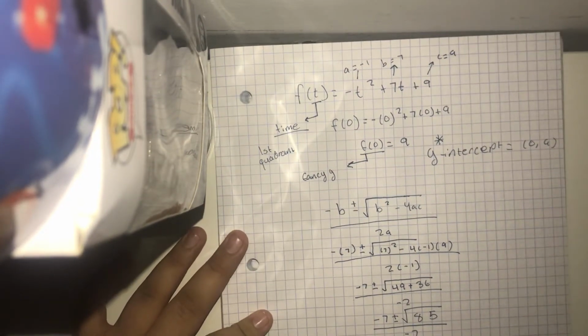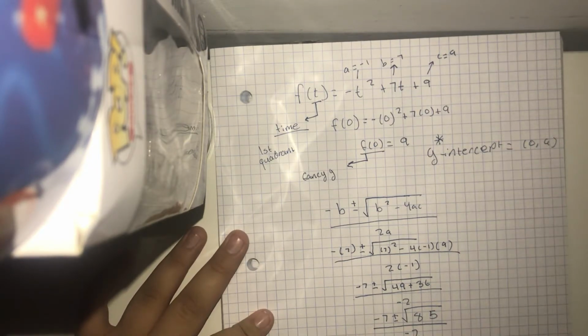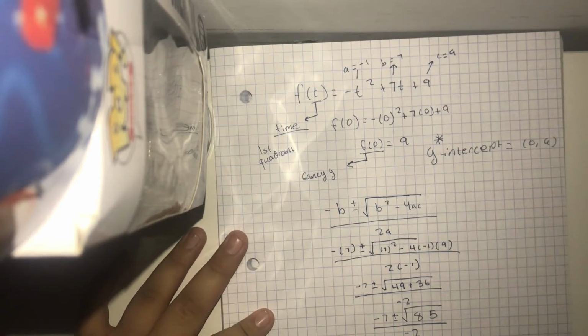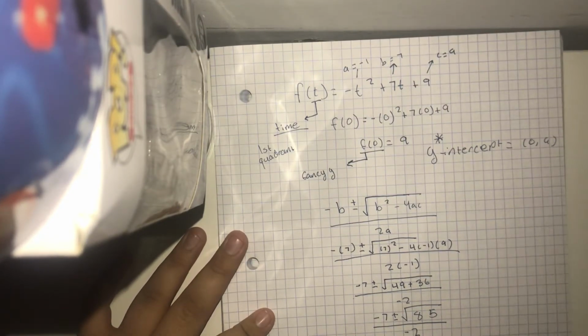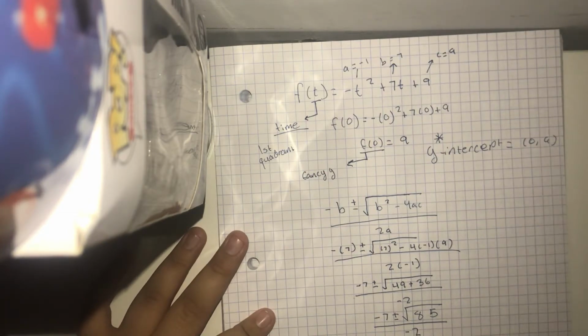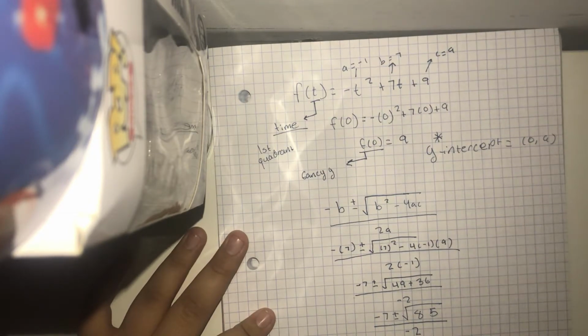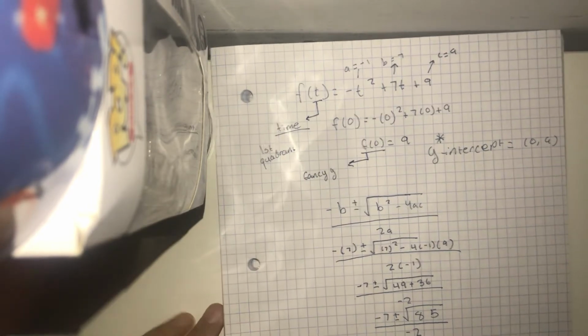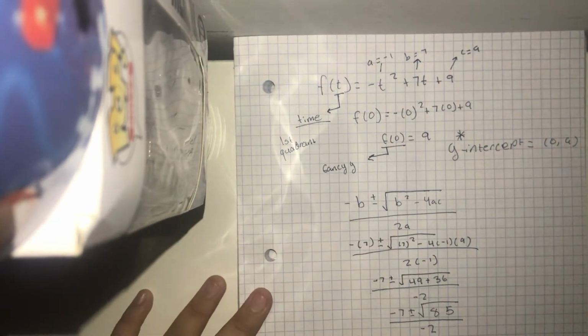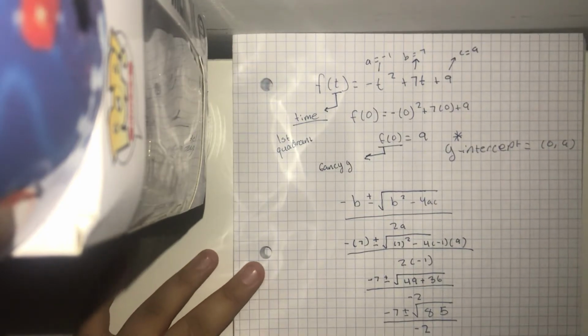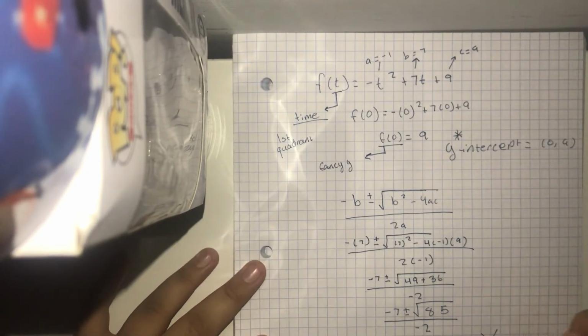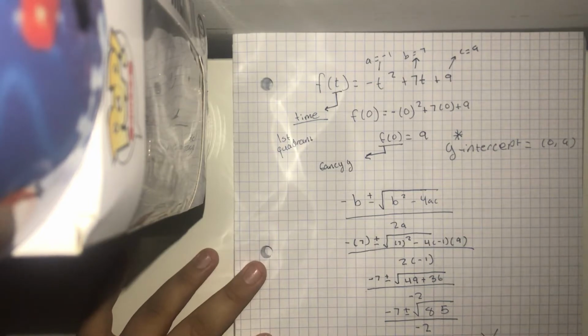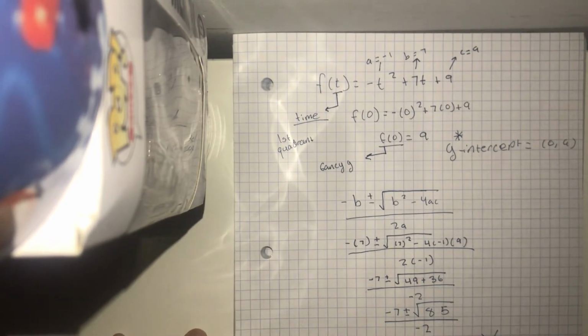And then for negative 7 minus the square root of 85 all over negative 2, you get 8.109772, or 8.11. Since it's time, it has to be in the first quadrant. Nothing can be negative. So this automatically can't be the x-intercept because it's negative, which means this is the x-intercept.